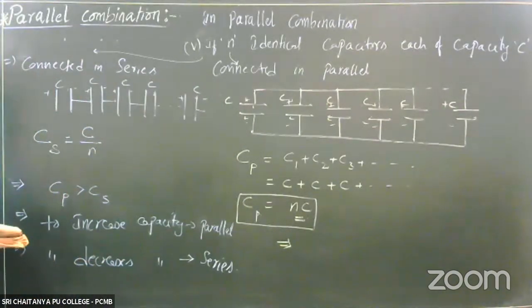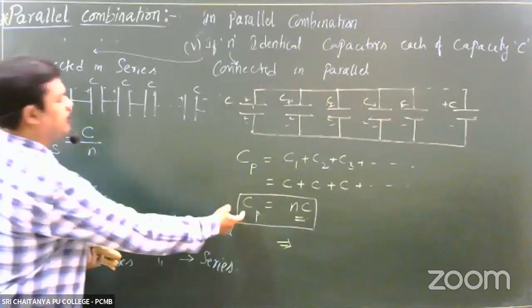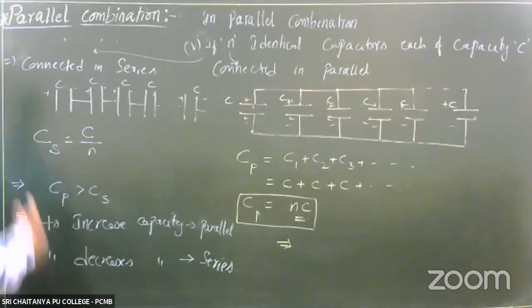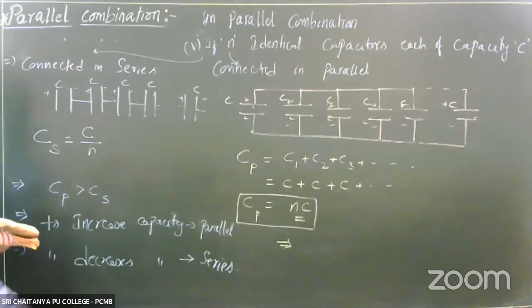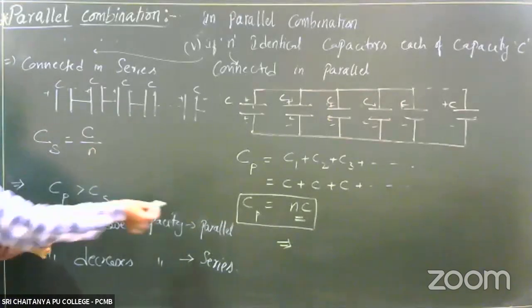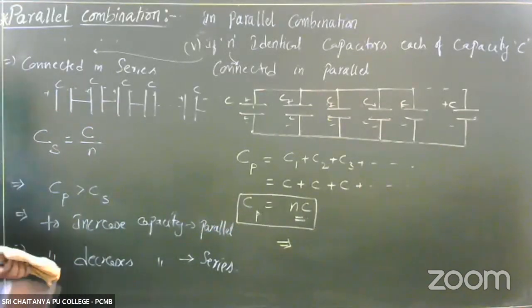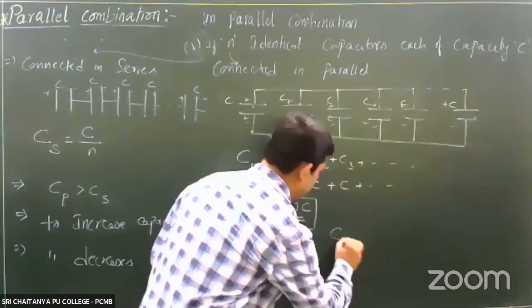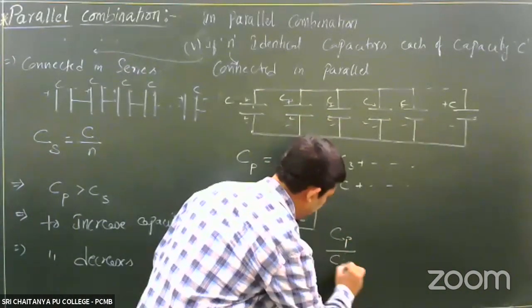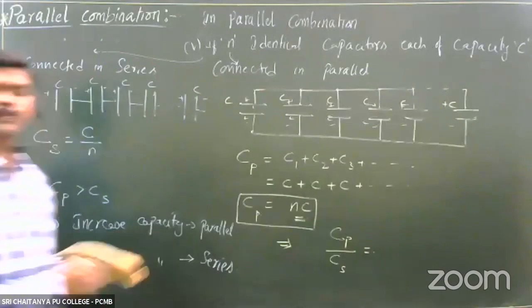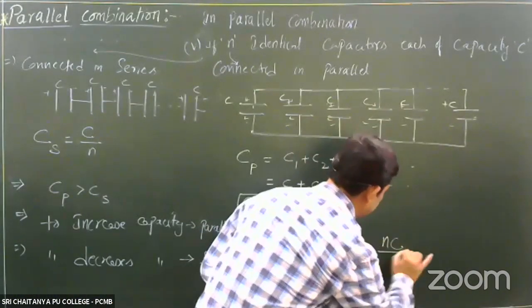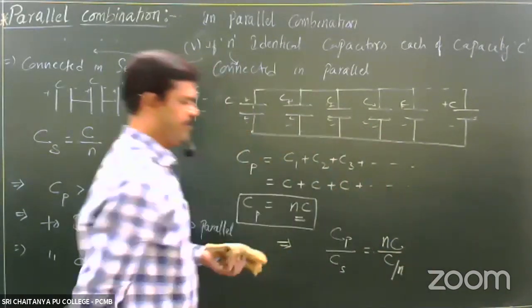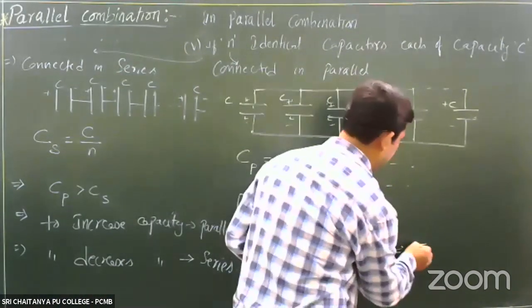What is the ratio of CP and CS, if identical capacitors are connected first in parallel, then in series? CP by CS: CP is NC, CS is C by N. So what is the resultant here?